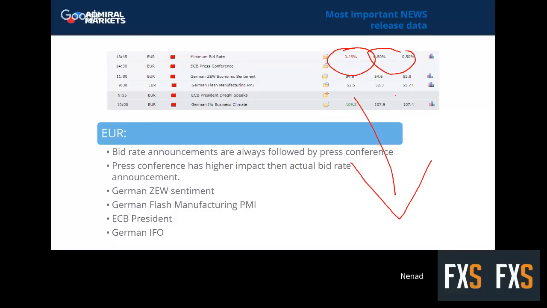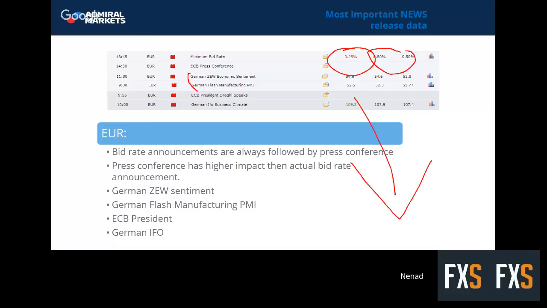I will show you how many pips you could have made if you traded my practical naked trading proactive setup. Also, don't forget that German ZEW economic sentiment and flash manufacturing PMI can also move markets with proactive setups that I will show you.